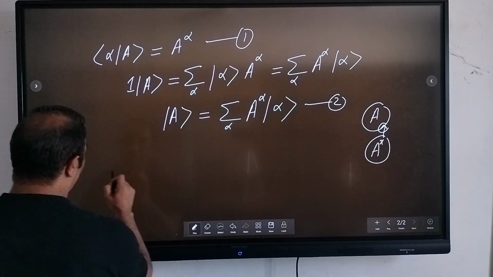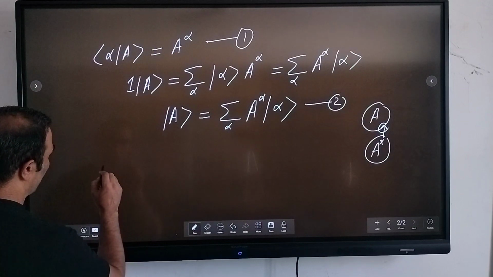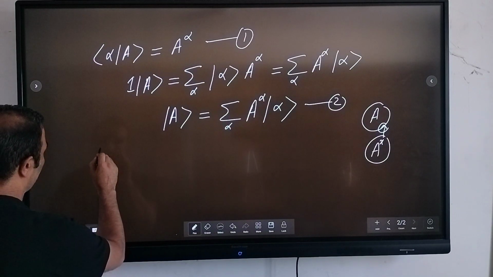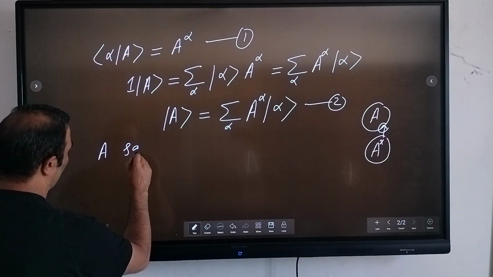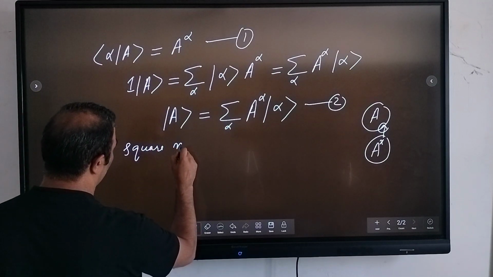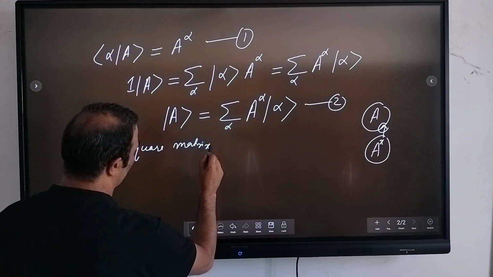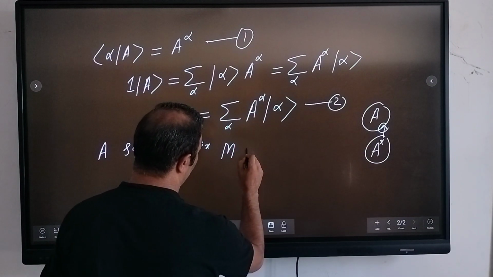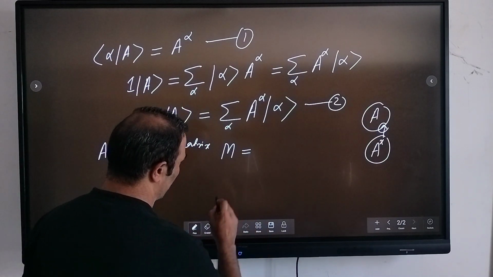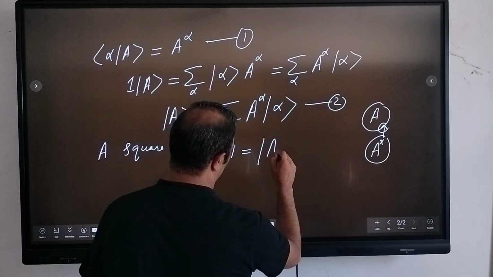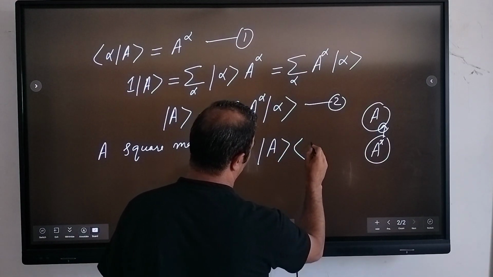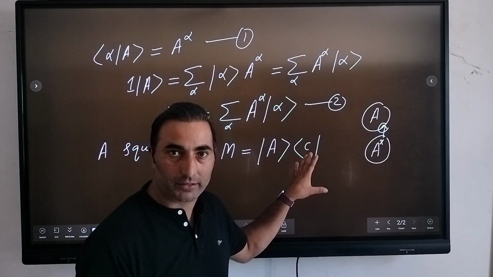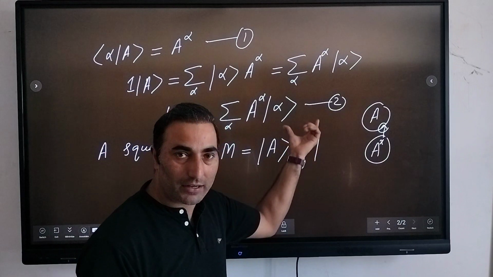So suppose I write some square matrix, some M, that's equal to some, because this is the outer product between these vectors, right? So this is purely that square matrix, right?